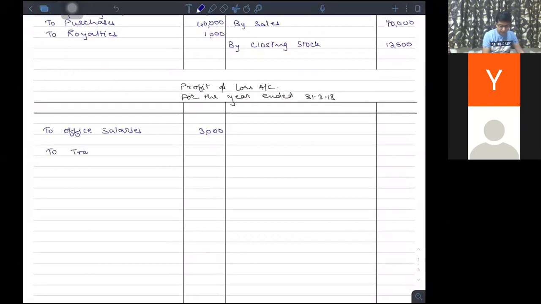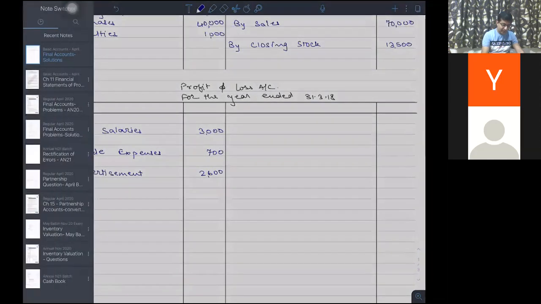To trade expenses, rupees 700. To advertisement, rupees 2,600. All right.